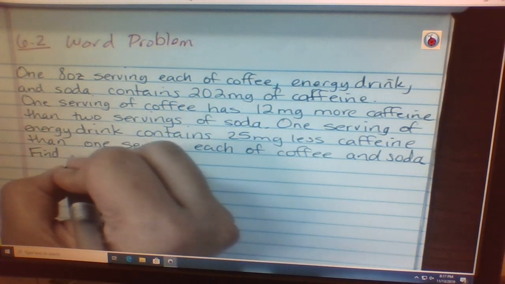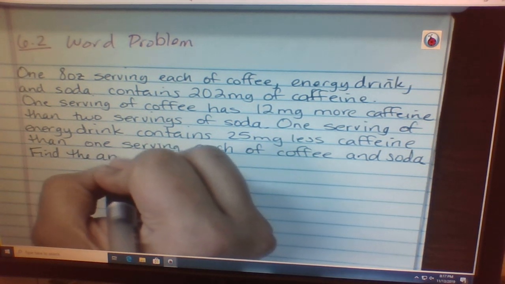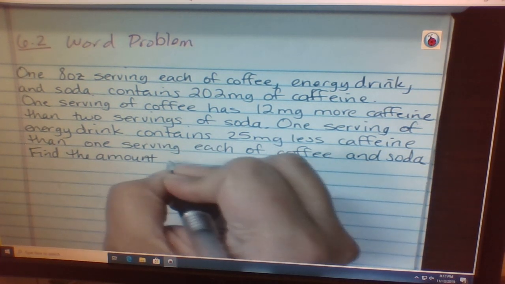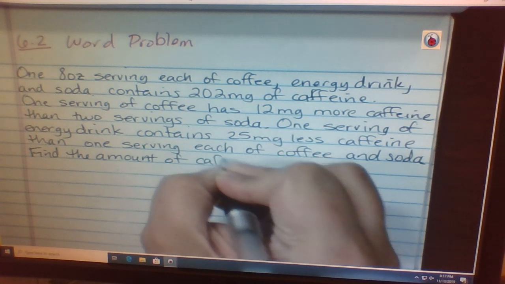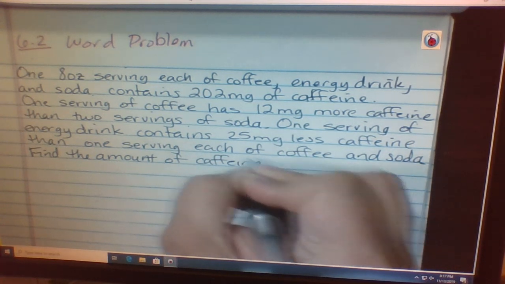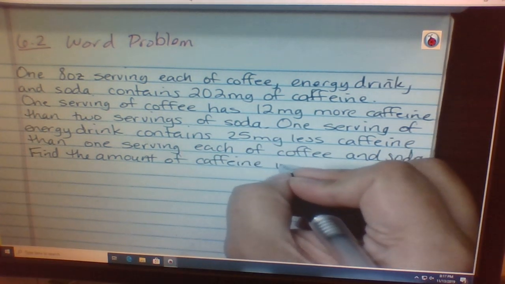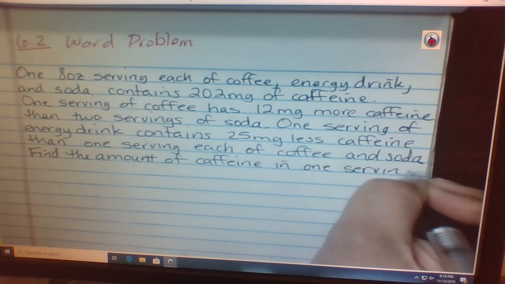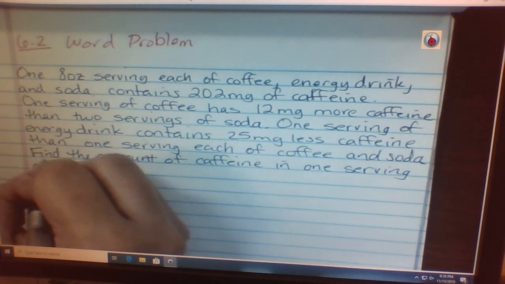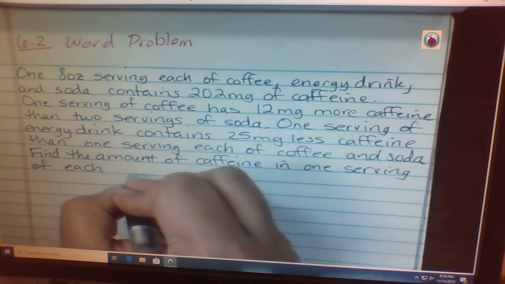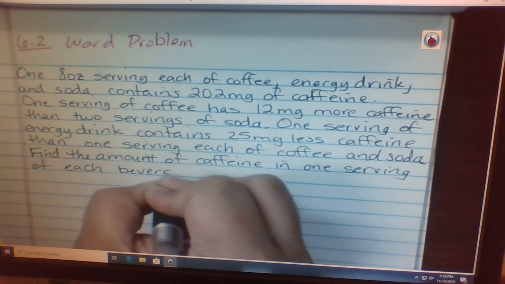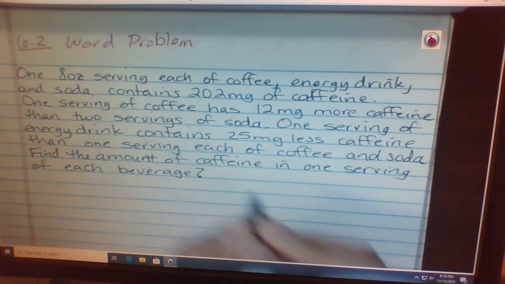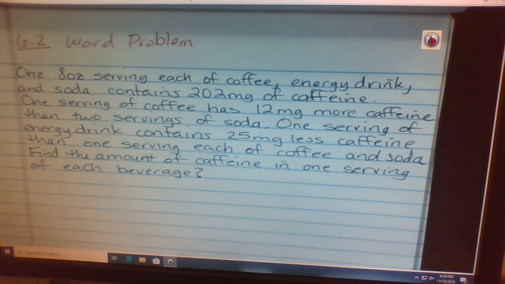Find the amount of caffeine in 1 serving of each beverage. This is why I didn't major in English.